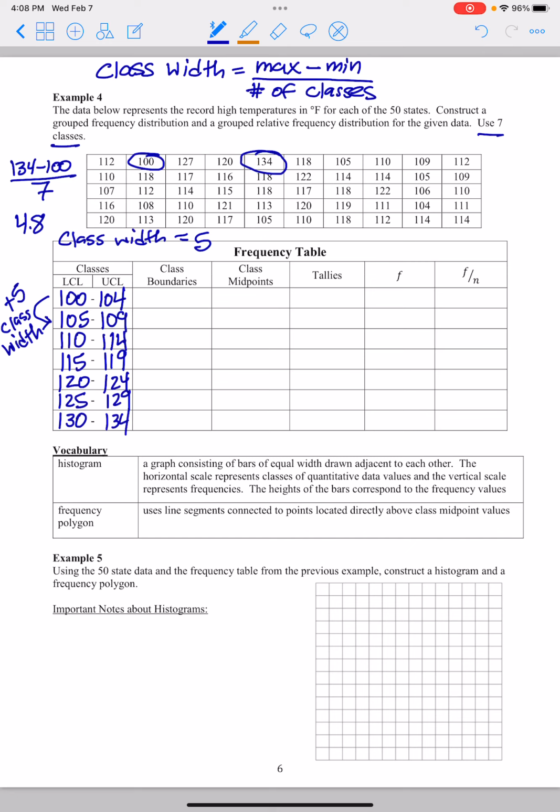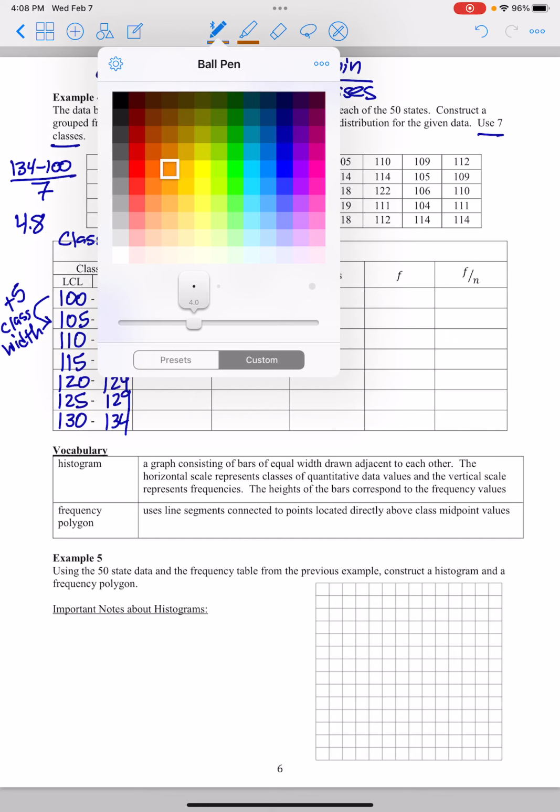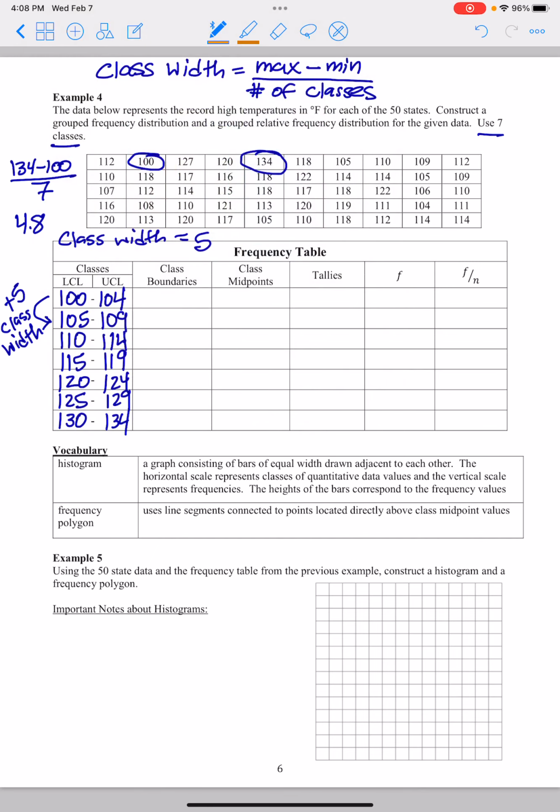Class boundaries is the distance in between, or really the middle in between the different classes. So what is between 104 and 105? The way that you find the distance between those two is you go in between them. So halfway between 104 and 105 is going to be 104.5. So I know my upper class boundary is 104.5. And then for the next class, my lower class boundary is going to also be 104.5.